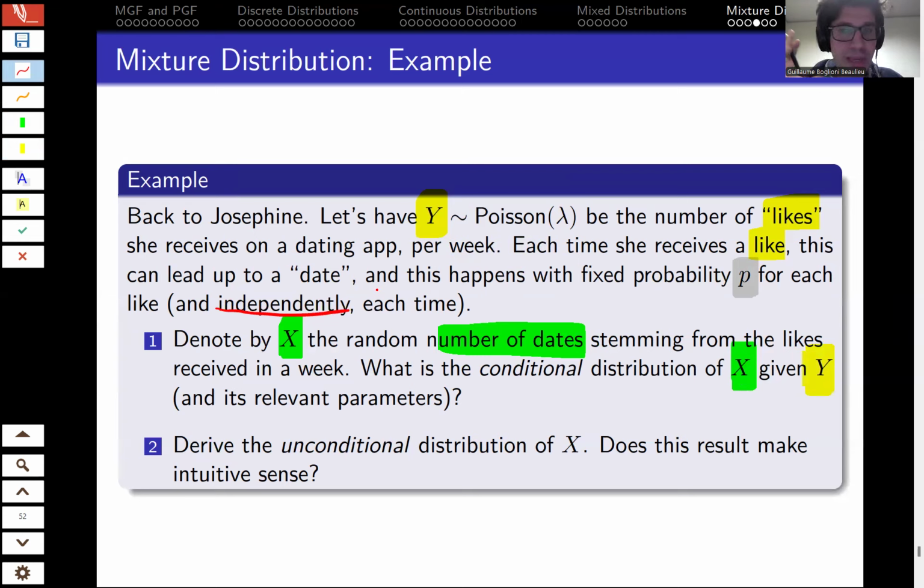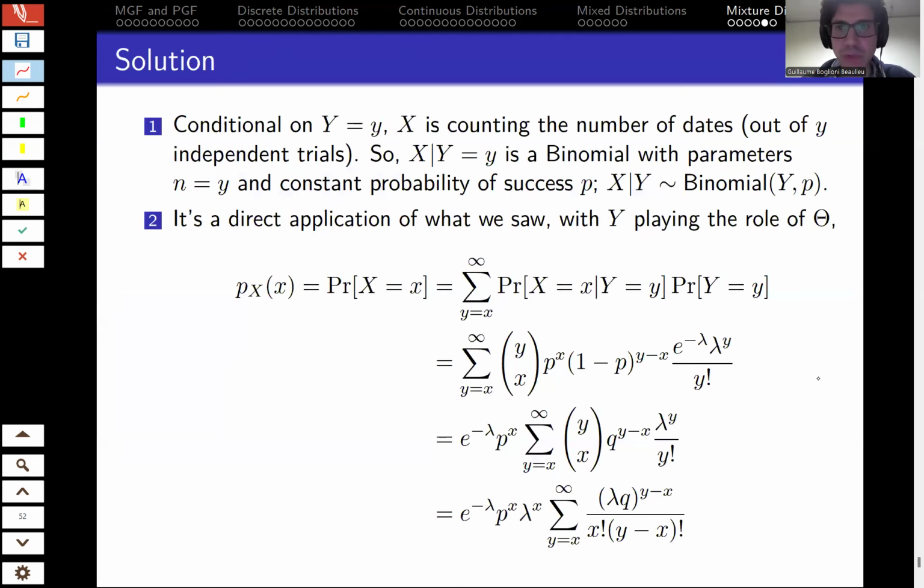Well, hopefully you see that it's actually just a binomial, because you condition on a certain fixed number of likes being y. Every like can lead to a date with a certain fixed probability p. We consider that those are independent trials, so you're just counting the number of successes out of y trials. This would be a binomial, which I believe should be written here. Yes.